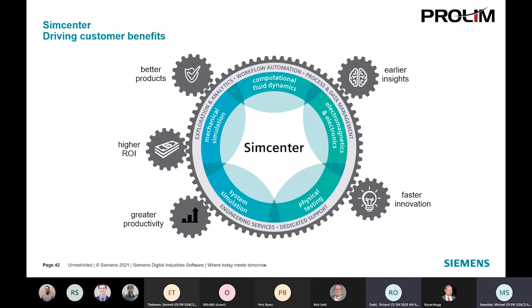And then the other piece that adds some flexibility for you is something called SimCenter tokens. The idea here is you purchase a pool of tokens, and those can be used to run the different solvers. As we saw, you would get the base functionality like structures and some thermal, but you might want to run some of the other disciplines.